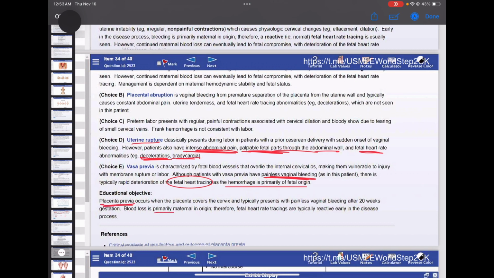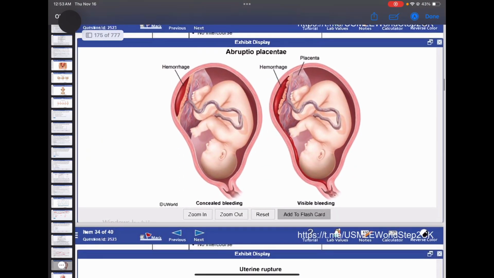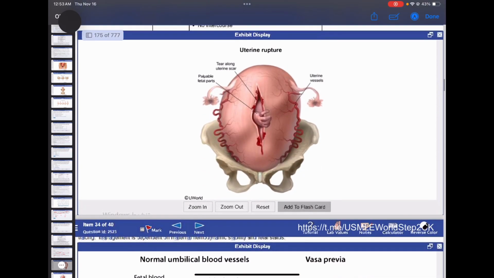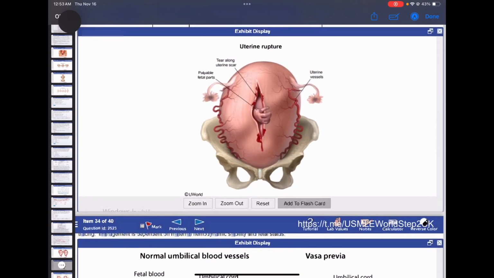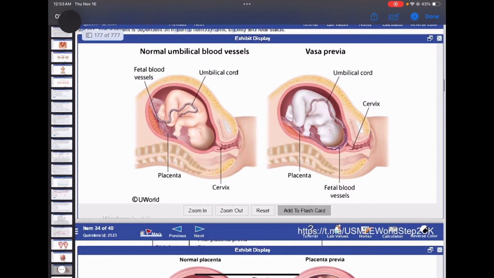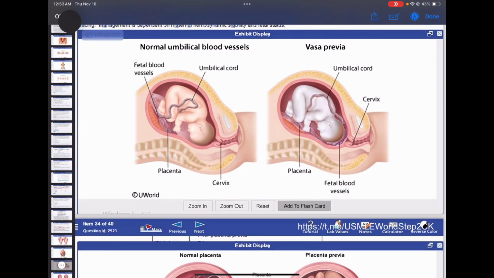Blood loss is primarily maternal in origin, therefore fetal heart rate tracings are typically reactive, which is normal early in the disease. So this was abruptio placenta, it detached. This is uterine rupture, palpable fetal parts. Right here is vasa previa. These blood vessels which inserted, there was a filamentous insertion, and you could see the baby is turning blue too, because the blood loss is directly from the baby.